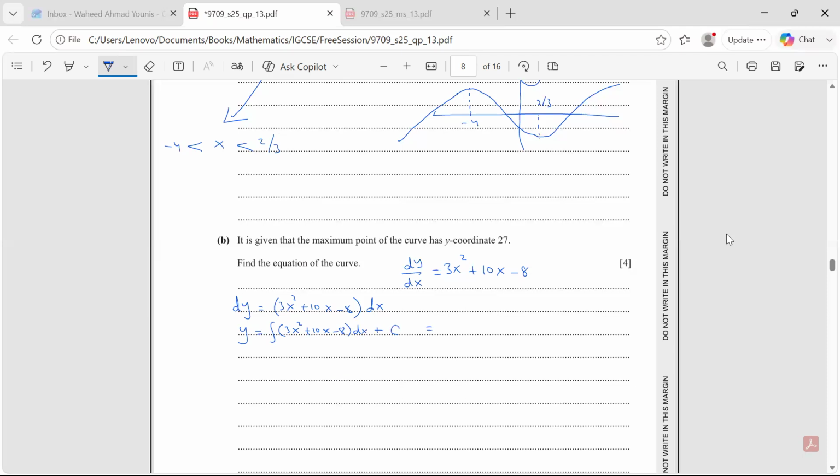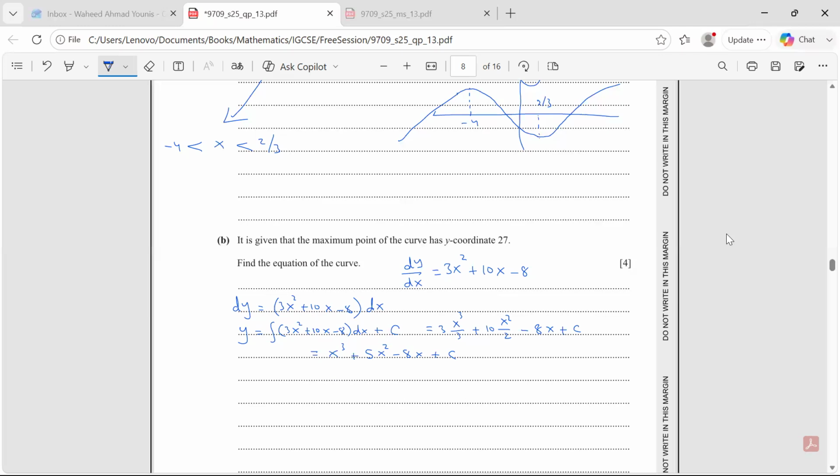If I integrate it, it will become 3 times x cubed by 3, plus 10 x squared by 2, minus 8x, plus c. So this is x cubed plus 5x squared minus 8x plus c. If I differentiate it, it becomes 3x squared plus 10x minus 8, and the constant goes away. So this is correct.